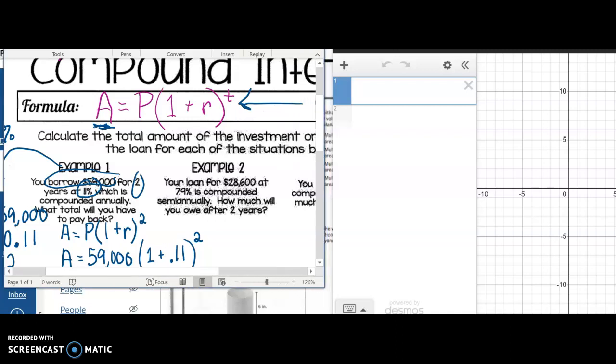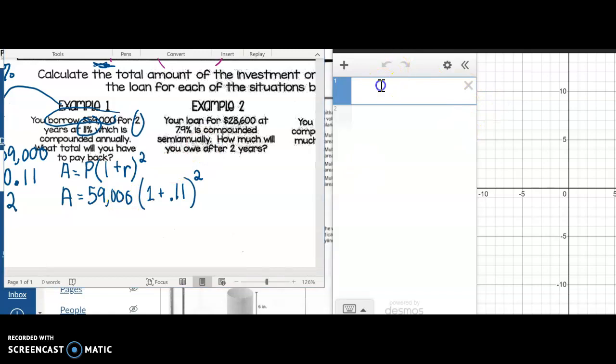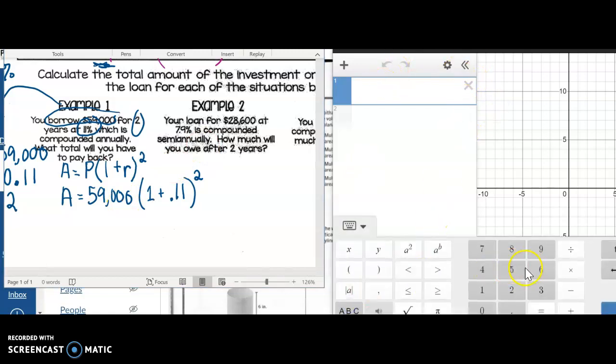So here is how I'm going to solve it in Desmos, I'm going to input the principal amount times 1. Just out of curiosity, what happens if I do 59,000 times 1? That's 59,000, right? And then, okay, so I'll come back to that. Plus the rate, and then the exponent is 2. Back up, sorry. Close your parentheses.